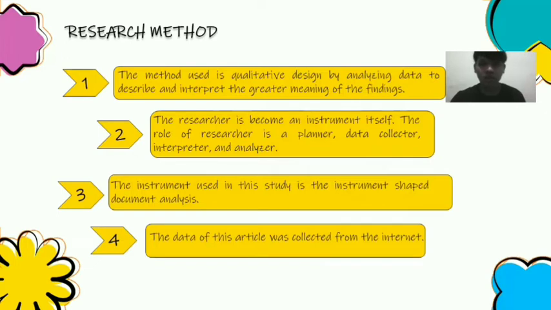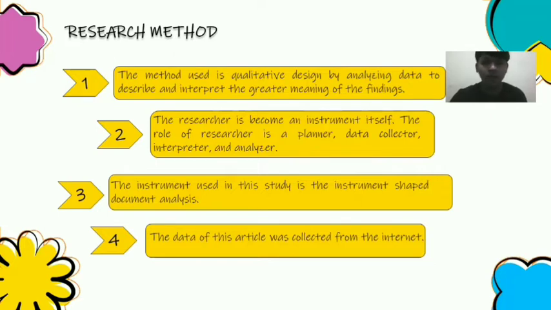And then the second is that the researcher becomes the instrument itself. So here, as you can see, I become the instrument of this study because I'm the one who planned it. I collected the data myself, and then I interpreted it, and of course I analyzed the data.